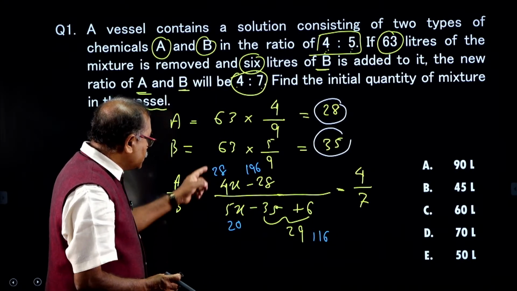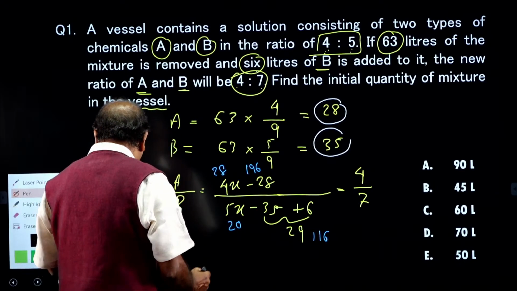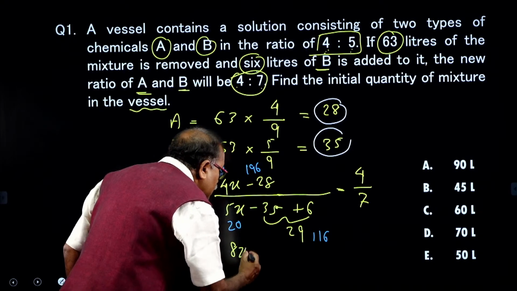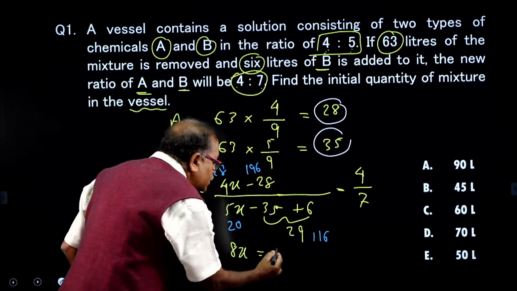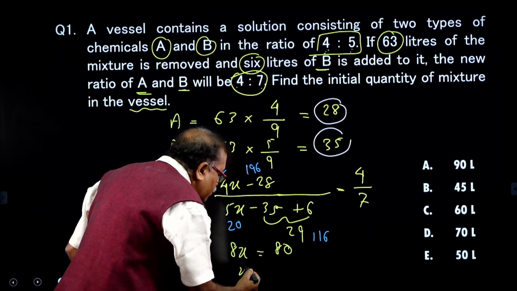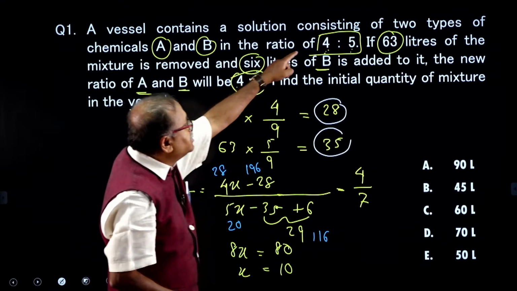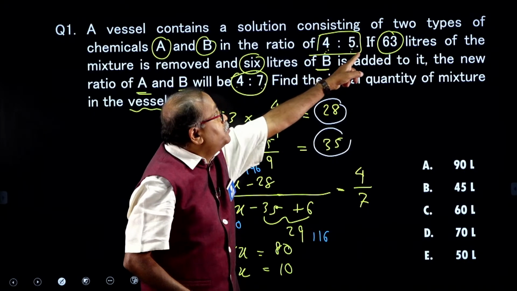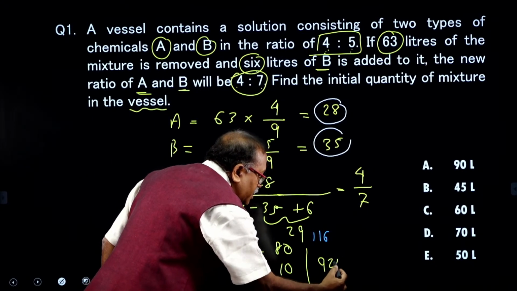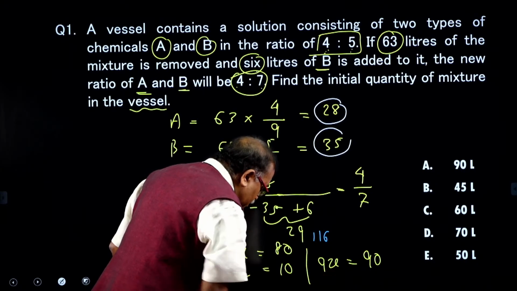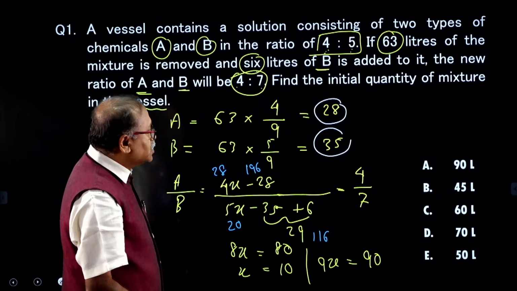Now, notice that here 28 and 20, that is the difference is 8x, and here the difference is 80, 8x is equal to 80, I am getting x is equal to 10. Once I get x is equal to 10, what is the initial quantity, that is the question. So, 4 plus 5, that is 9x. So, obviously my 9x will be 90, that is your answer. Anyone answer the question? 90, option choice A.